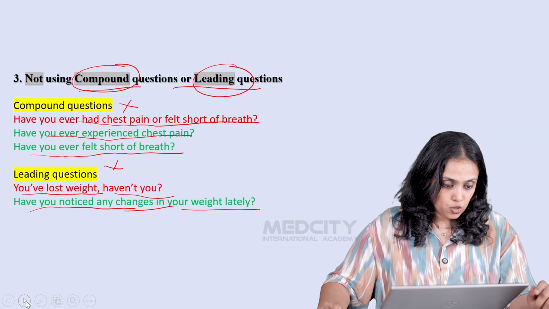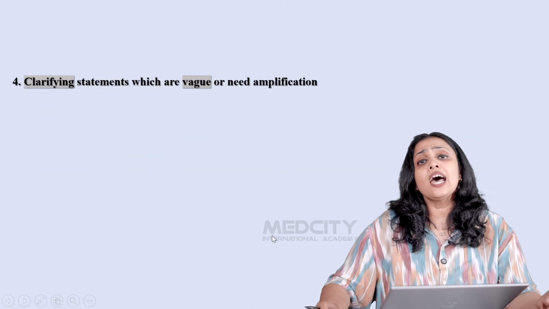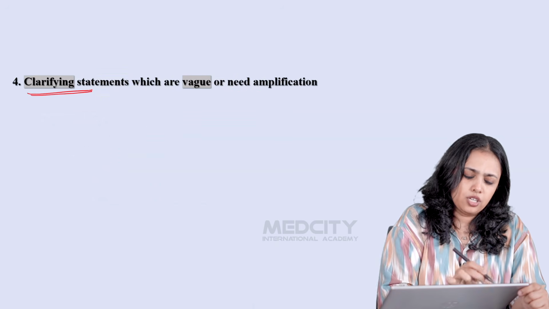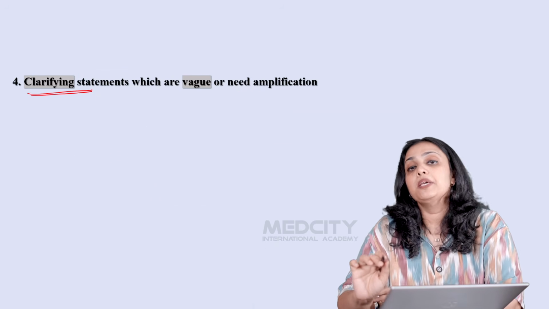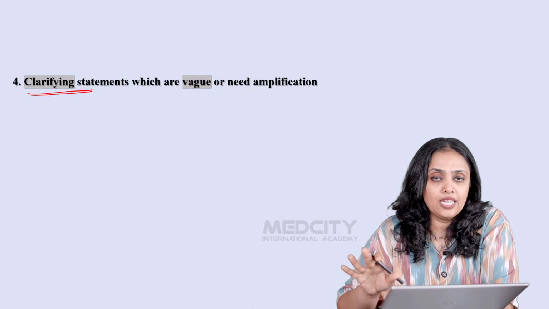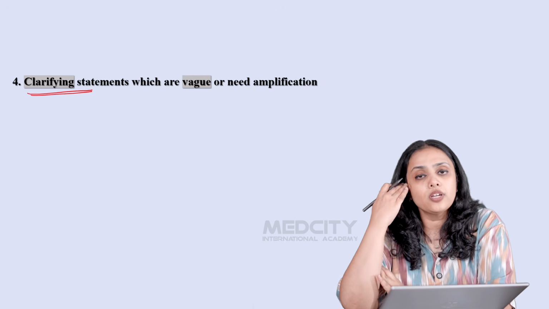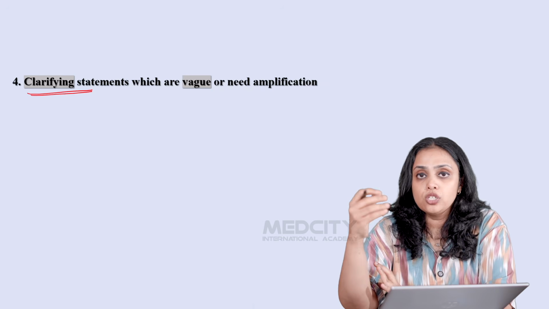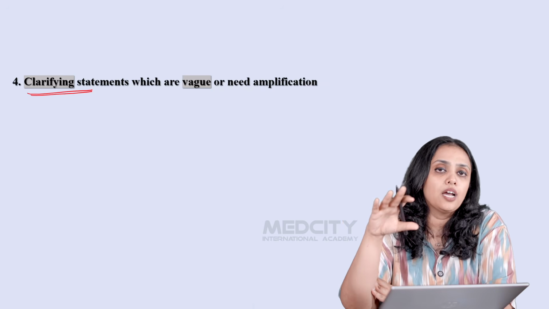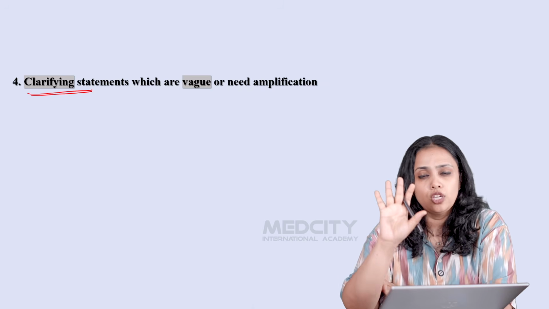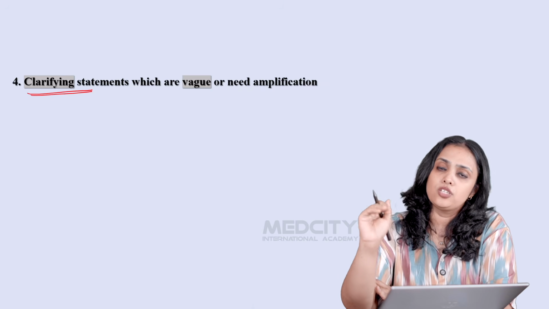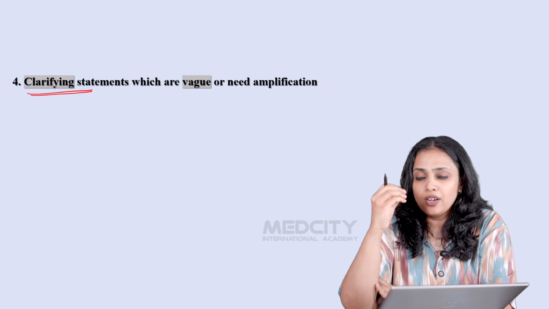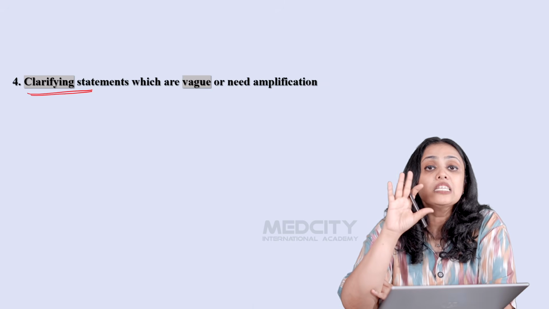Now the next point, clarifying statements which are vague or need amplification. This is also an important step of information gathering. It's not just important that you collect information, you allow the patient to express completely by asking open-ended questions. You did not ask compound or leading questions. All those are fine. But you have to make sure that whatever information you've got is clear.